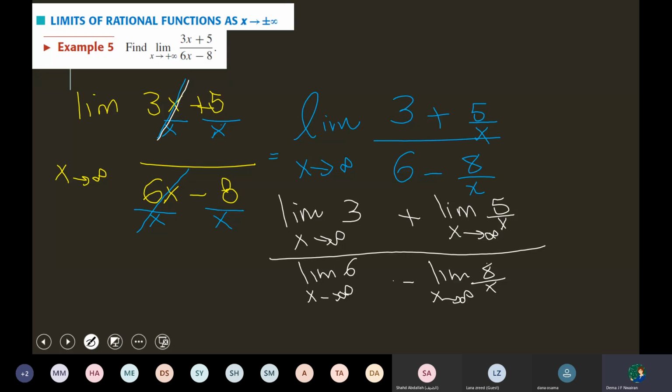I did what I said before: I distribute the limit on each term. It will be limit 3 plus limit 5 over x, over limit 6 minus limit 8 over x.